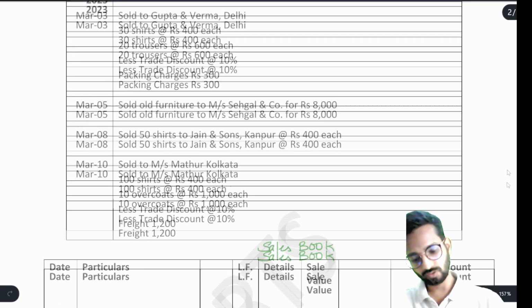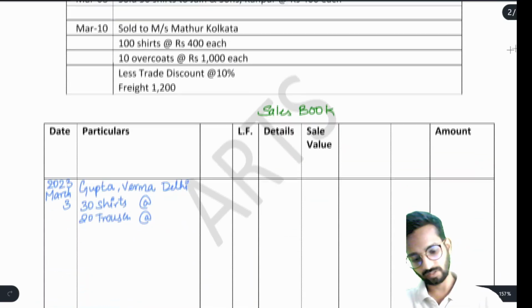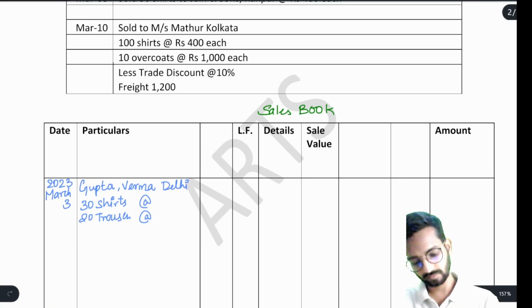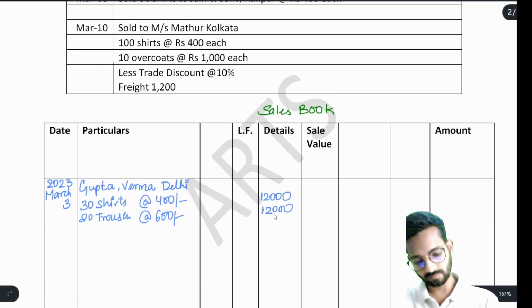What are the goods we sold? 30 shirts, 20 trousers at 400 and 600. We can write here 400 into 30 will come at 12,000. 600 into 20 is again 12,000.